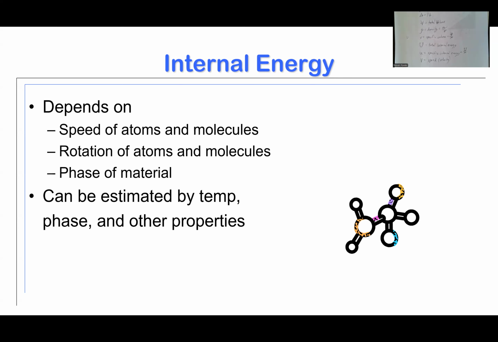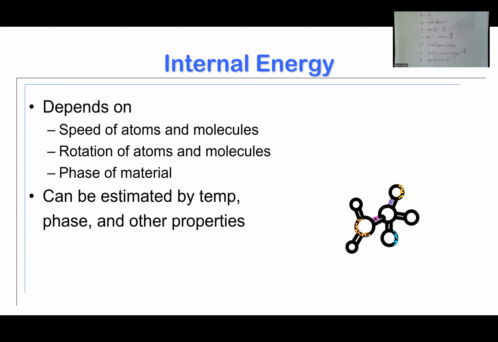In this case, they're in the liquid phase. So how do we determine this U value, this total internal energy? Well, I need to take my scanning electron microscope and go in there and actually look at each of the individual water molecules and measure their speed, measure their rotation, and add up all of the energies represented by those quantities, and that becomes my internal energy.